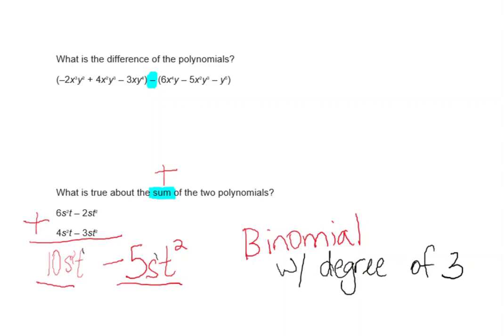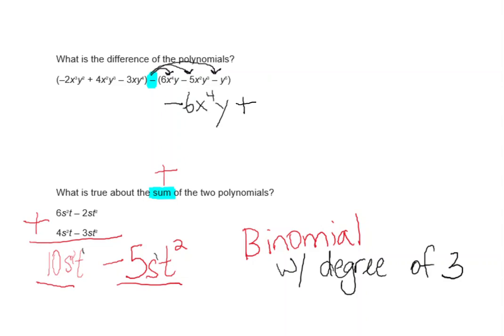Now, what we're going to do with our subtraction problem is first turn it into an addition problem. We keep the first parentheses the same, but we subtract each term in the following parentheses, which changes the sign of everything. So this becomes negative 6x to the fourth y.